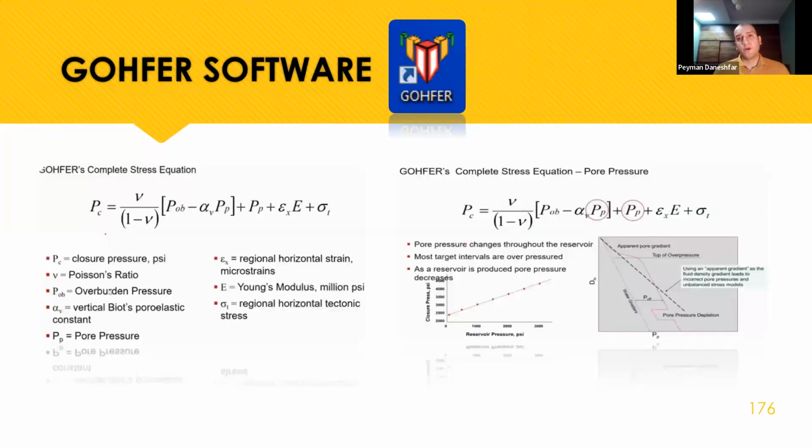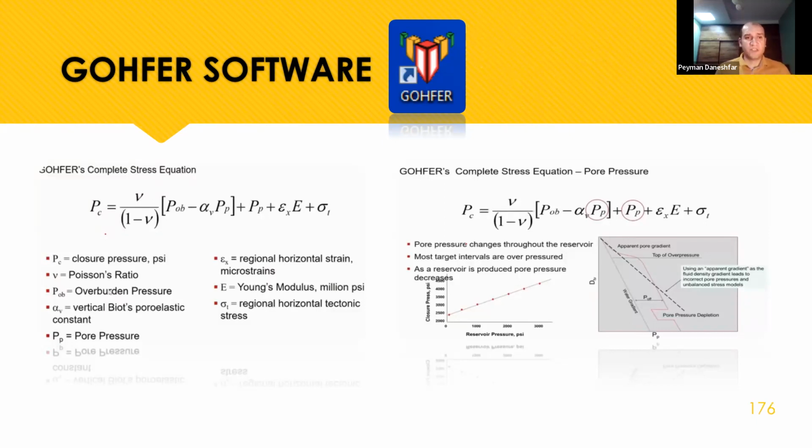Two important parameters in the Gopher software are the Gopher complete stress equation, defined by this parameter, and you can find it here.